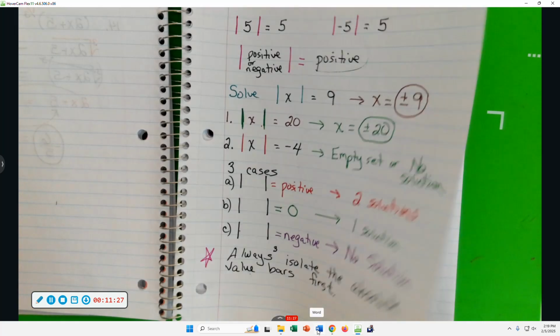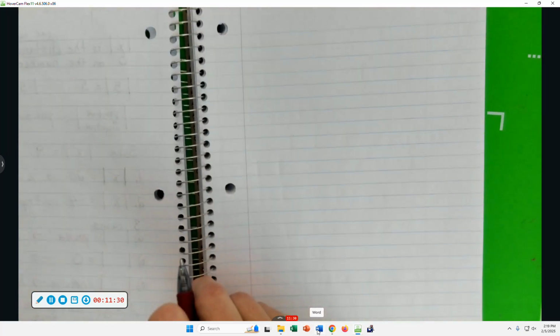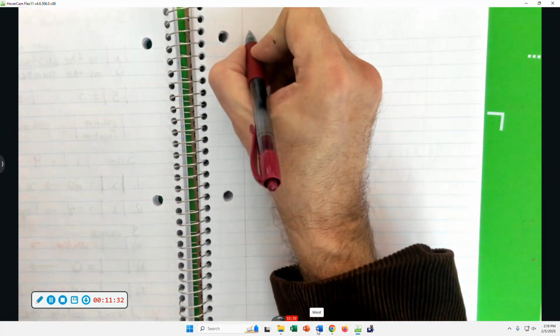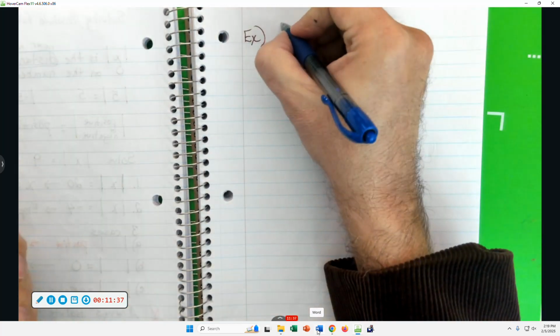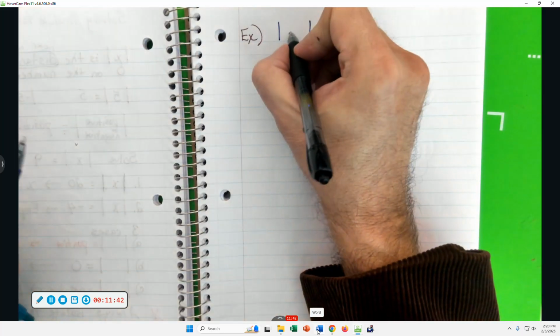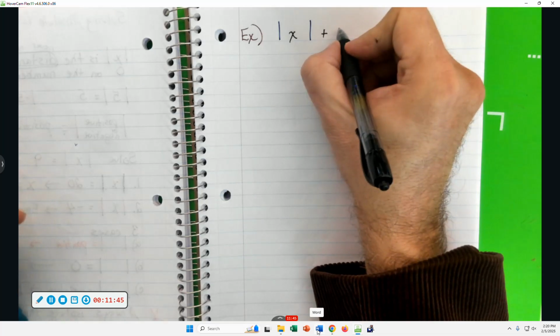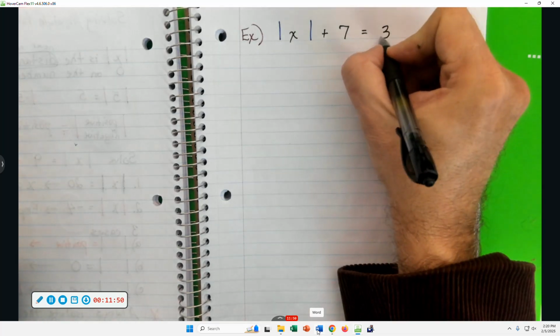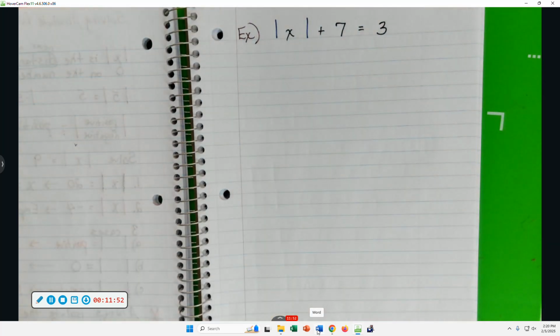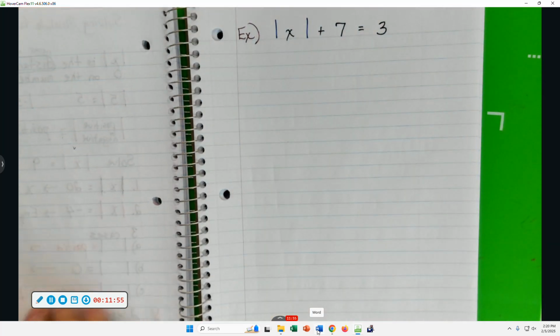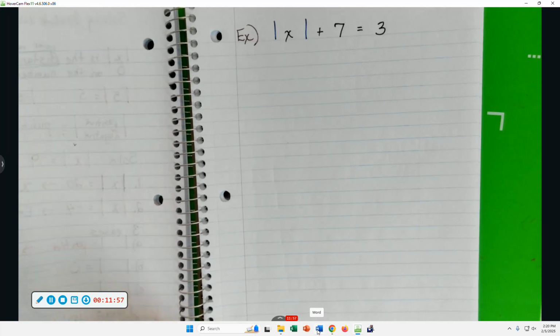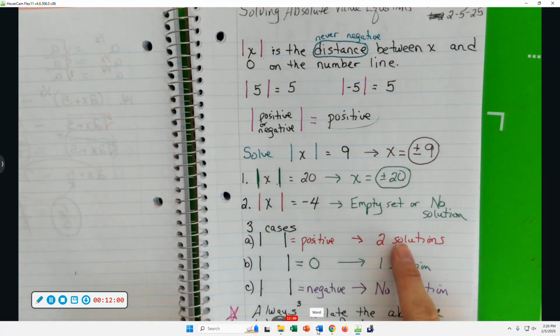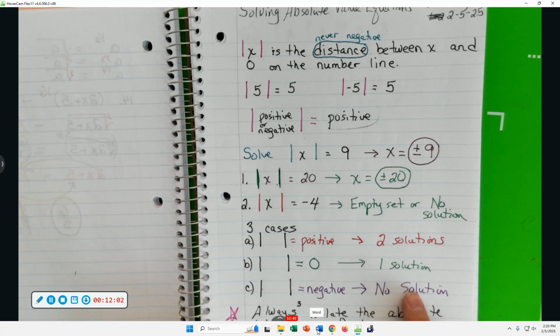I'm going to make up a little example. Here it is. The absolute value of x plus 7 equals 3. If I'm wondering what kind of equation this is, are there going to be 2 answers, 1 answer, or no solution?